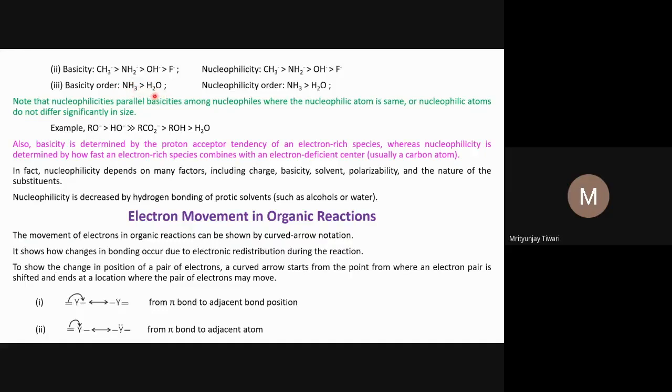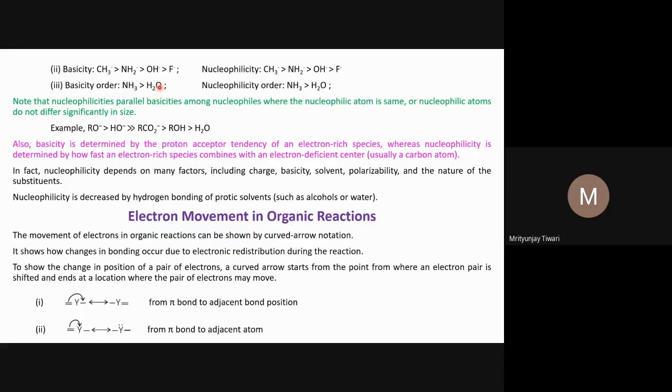Ammonia is a stronger base than H2O. Although oxygen has two lone pairs, it has high electronegativity, so it will not let its lone pair go so easily, and so its basicity will also be less. And so here, what do we see?